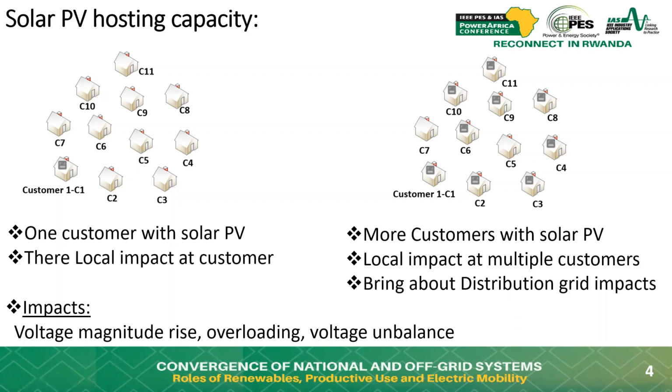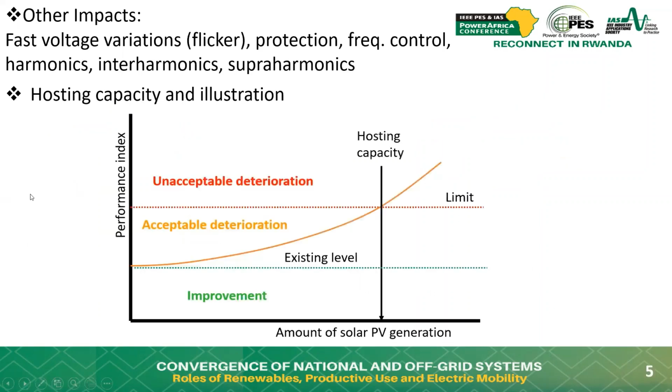In most of the papers that have been published, the voltage magnitude rise and the overloading have been studied more than the other impacts. Some of the other impacts also associated with the penetration of solar PV include the fast voltage variations, which is flicker, protection, frequency control, and harmonics, which can be interharmonics or supraharmonics.